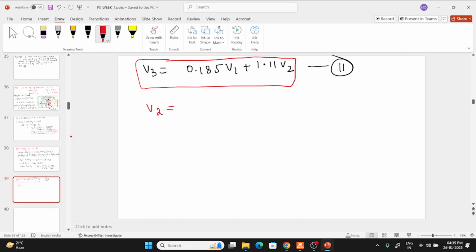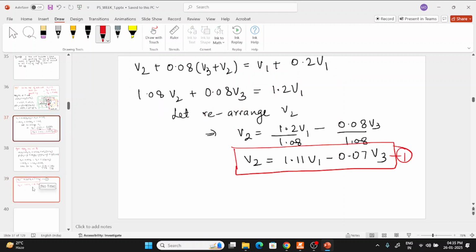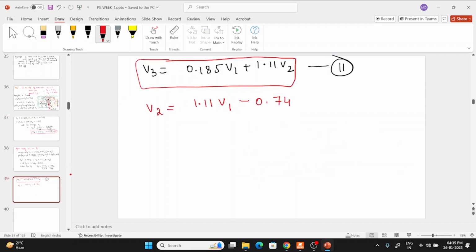V2 is equal to 1.11 V1 minus 0.074 V3. This is the first equation.